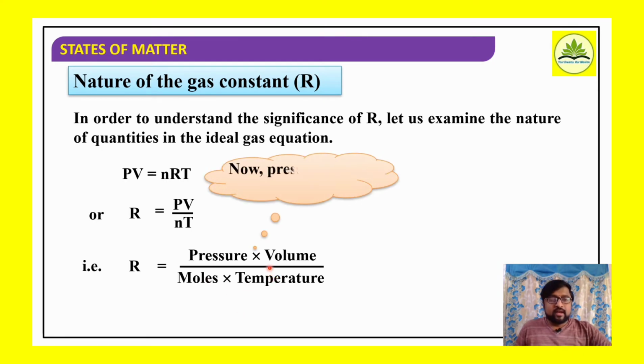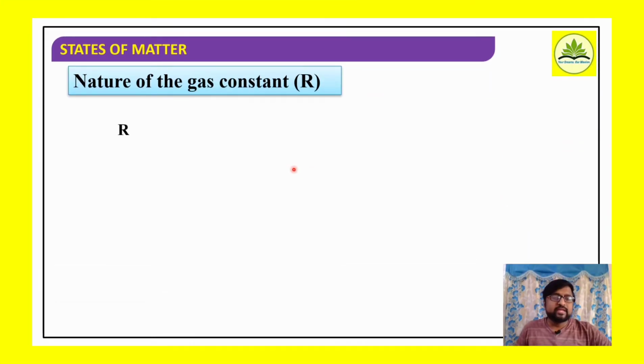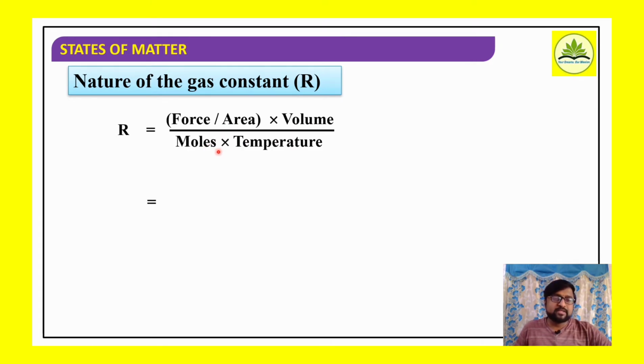Now what is pressure actually? Pressure is nothing but the force per unit area. So instead of pressure, I can write force by area, into volume, divided by moles into temperature.